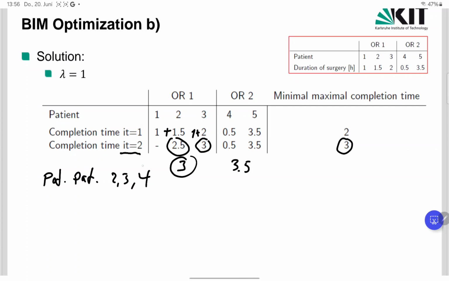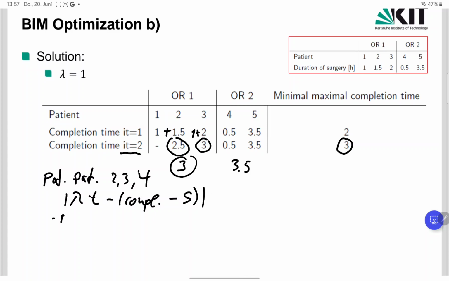Again, we would like to minimize the deviation from this lower bound. We know this is lambda times t minus completion time of the respective patient, minus s, and we need the absolute values here.